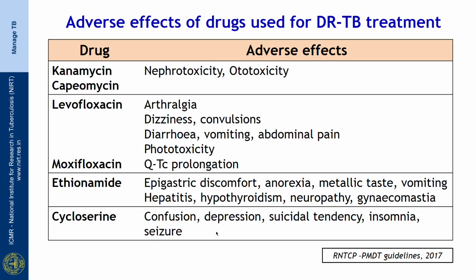So, what are the different adverse effects of these drugs which are used to treat drug resistant tuberculosis? We have a separate session on adverse drug reaction and its management. I will briefly mention the important adverse effects of the drugs that are used for treating drug resistant tuberculosis. So, the aminoglycosides kanamycin and capreomycin can cause nephrotoxicity and ototoxicity.